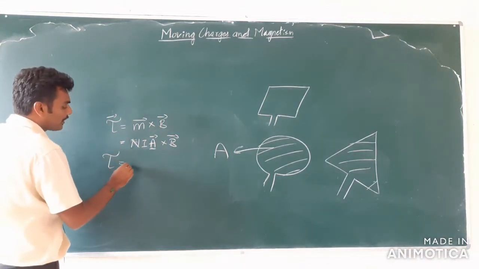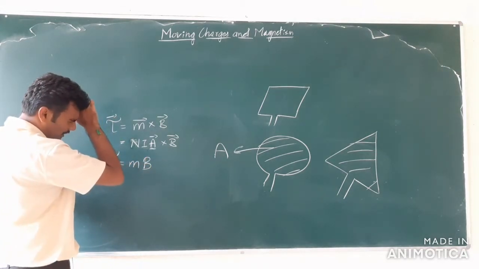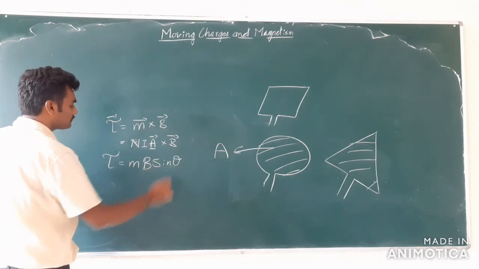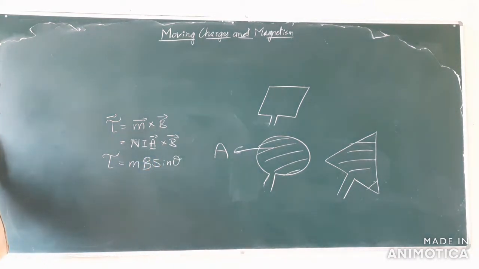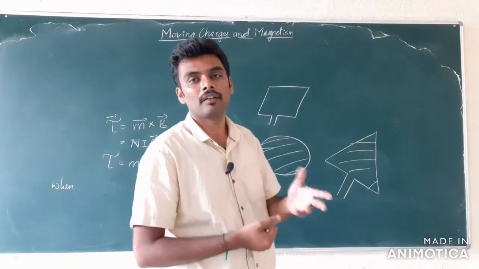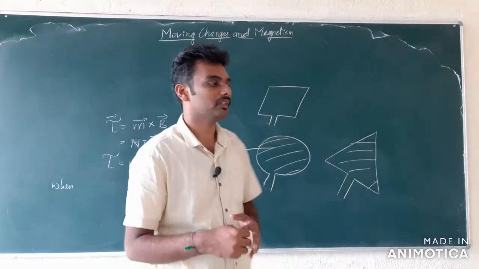Now we shall see a few special cases of it. The magnitude of torque experienced by the coil is given by M B sin theta, right? Now, the special cases are as follows. When do we get minimum torque and maximum torque? Very similar to what we discussed with the electric dipole, the same kind of discussion.